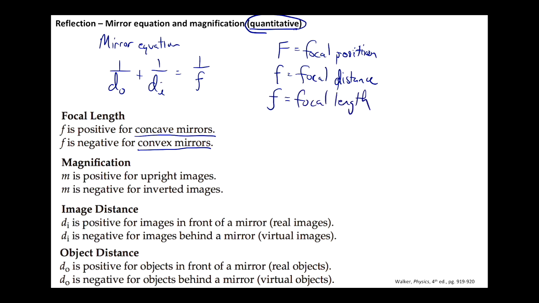Okay? Focal position, that's the spot where the rays come together and converge. Focal distance is how far that spot is from the mirror. And focal length is the same as this with a plus or minus to give additional information.